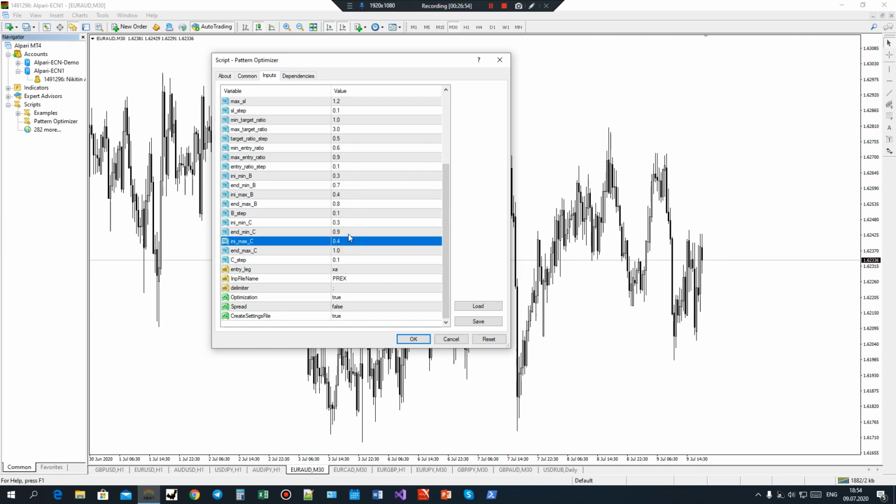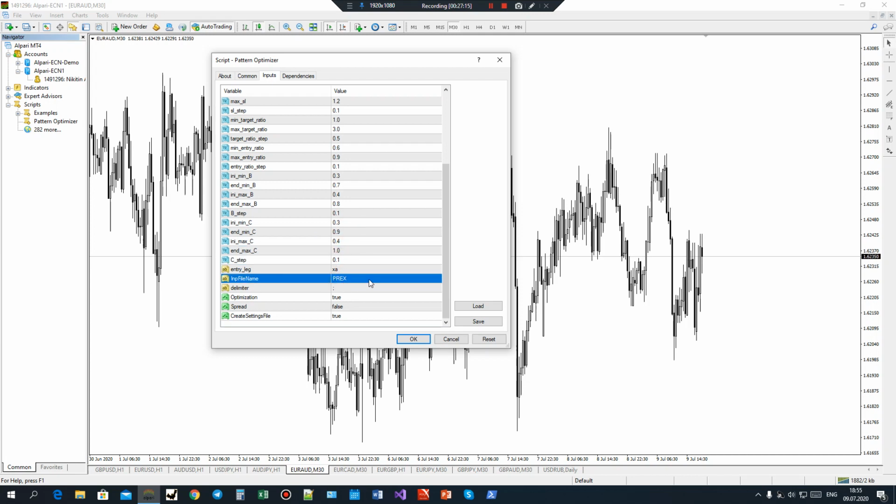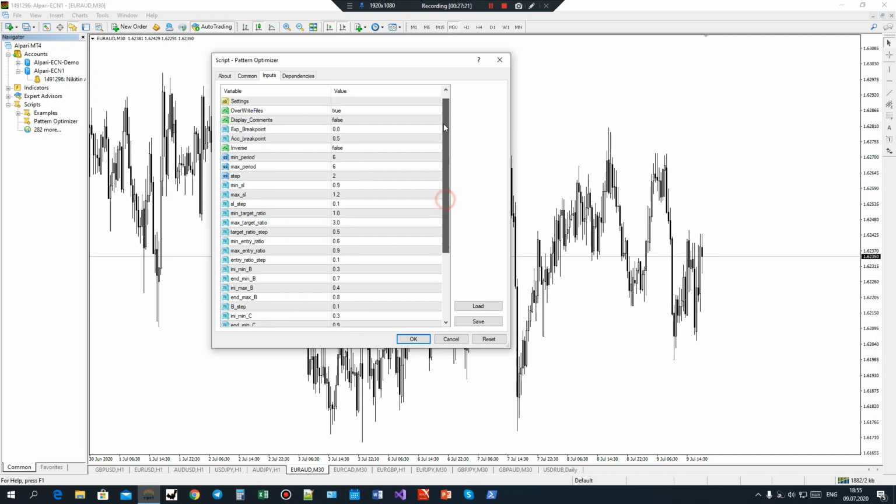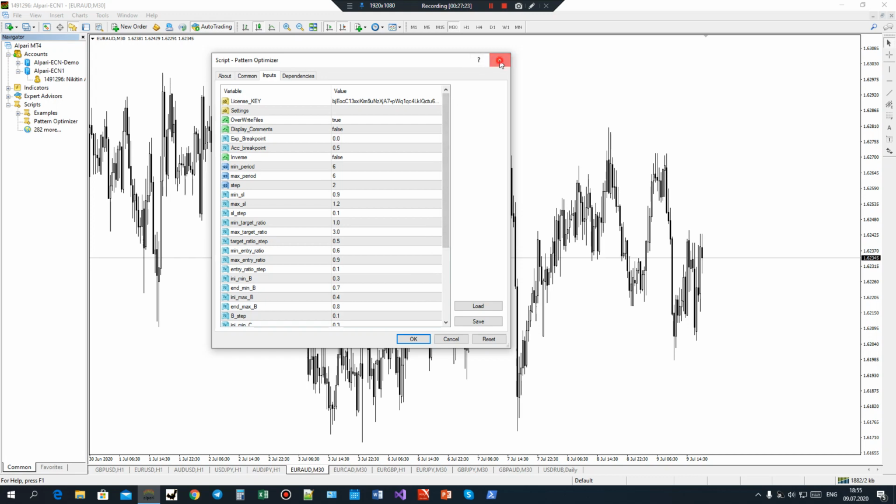It goes from 3 to 4 and stops at 9 to 10. So we calculate 3, 4, 4, 5, 5, 6, 6, 7, 7, 8, 8, 9, 9, 10, which is the maximum. And then we record that in the file which is called prex. And if we enable that true, then a special configuration file for MPS will be created.